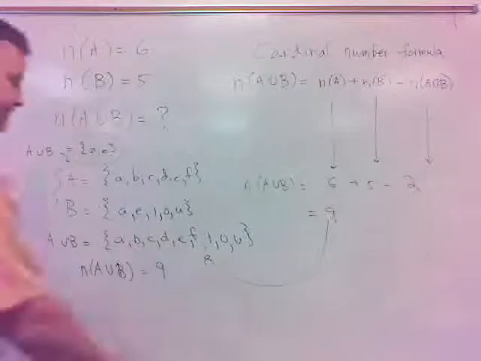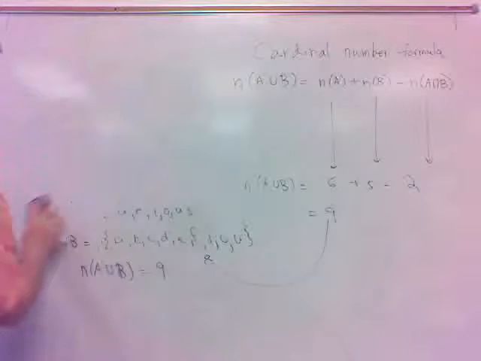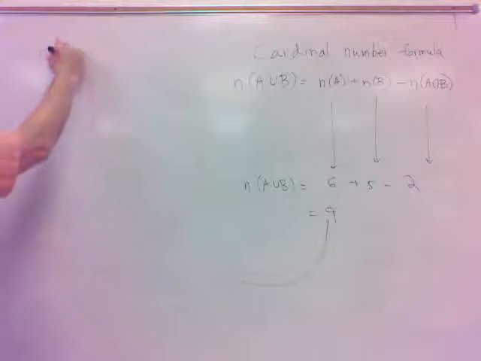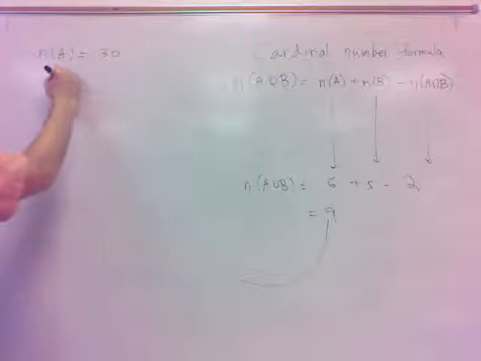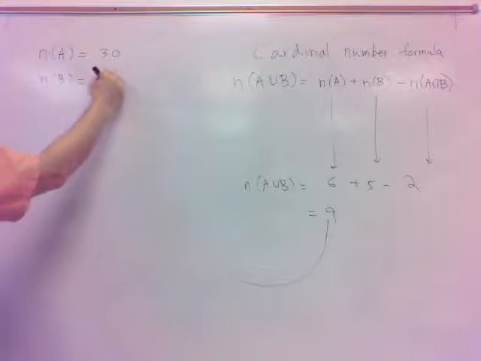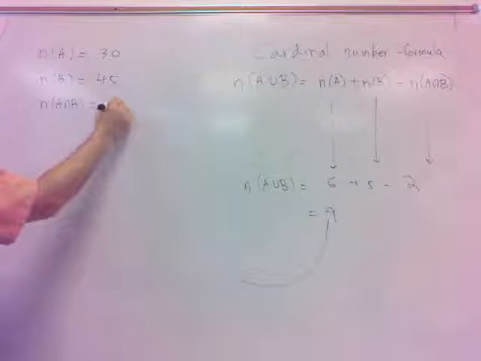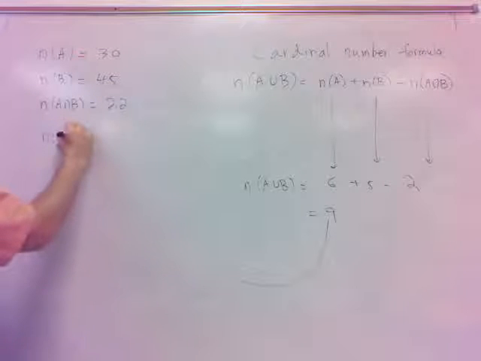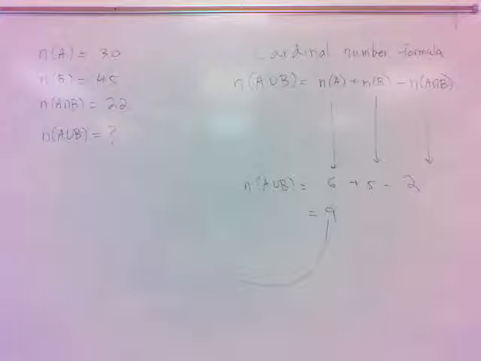For another example, if the number in A is 30, the number in B is 45, and the number in the intersection of A and B is 22, could you tell me how many are in the union there? Sure could.